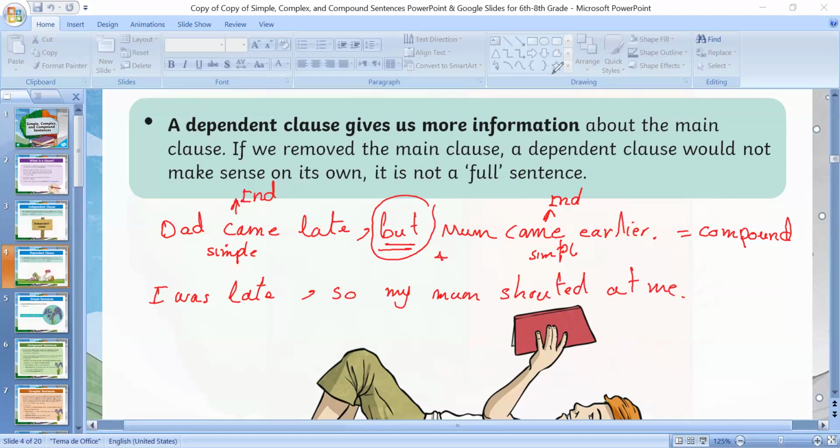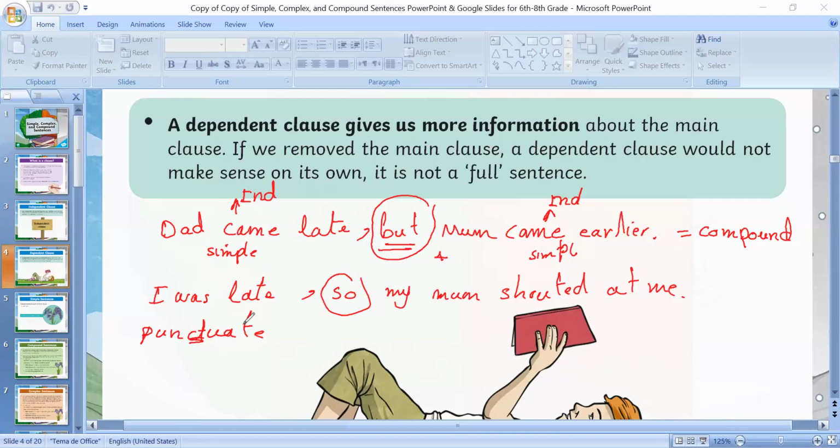Where is the fanboys here? The fanboys is the word so. Take care of the punctuation of the compound sentence. Who can tell me how we punctuate the compound sentence, according to the two examples on the board?